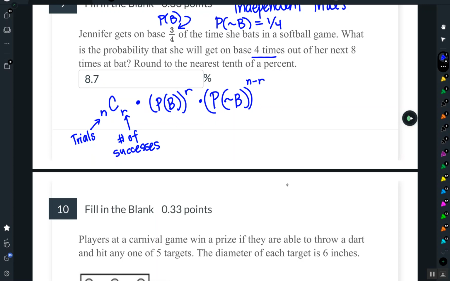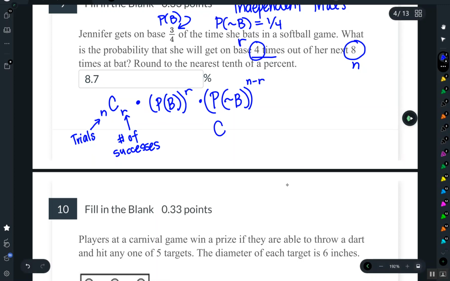My trials is 8 times at bat, that's n. 4 times we want to get on base, that's r for this formula. So I'm going to do combination of 8 and 4 times the probability 3/4 to the 4th power, because that's how many times we want to get on base, times the probability she's not going to get on base, which is 1 out of 4.